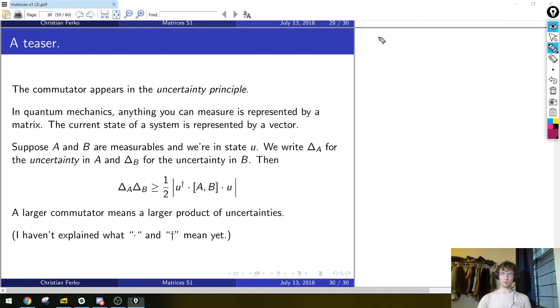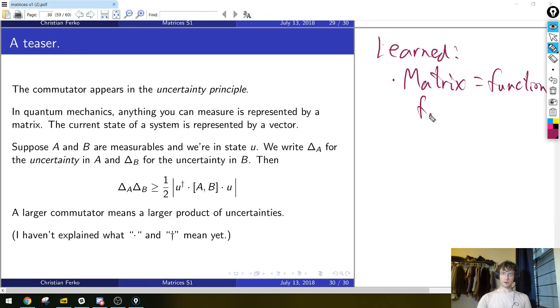So what we learned is, I guess, matrix equals function from R2 to R2, which is linear. So it has this important property we started with.